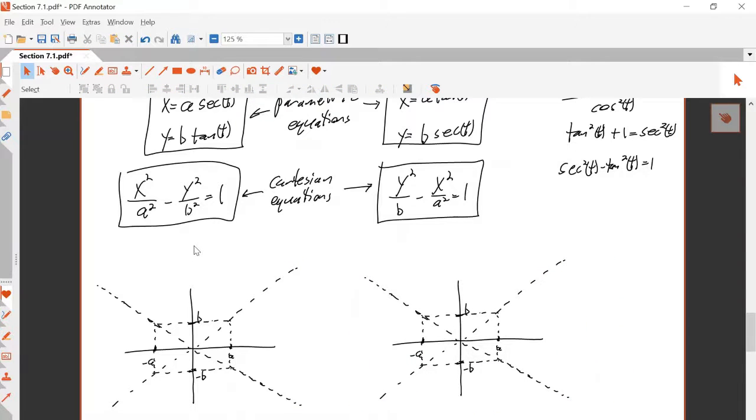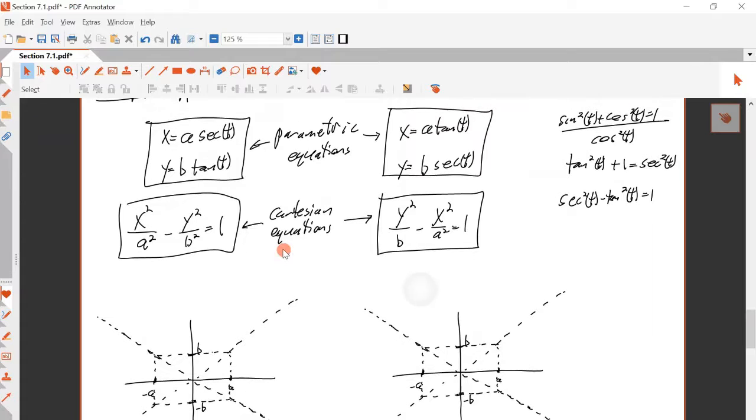And this hyperbola, when t is equal to 0, x is equal to a, y is equal to 0. So you're at this point here. And this is the motion you get for minus pi over 2 less than t less than pi over 2, and it goes in this direction.